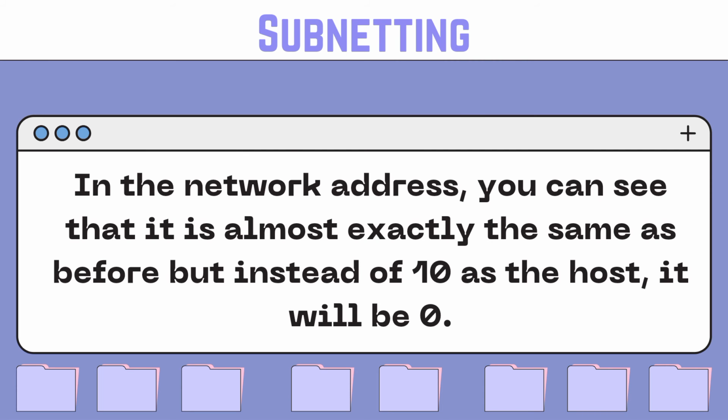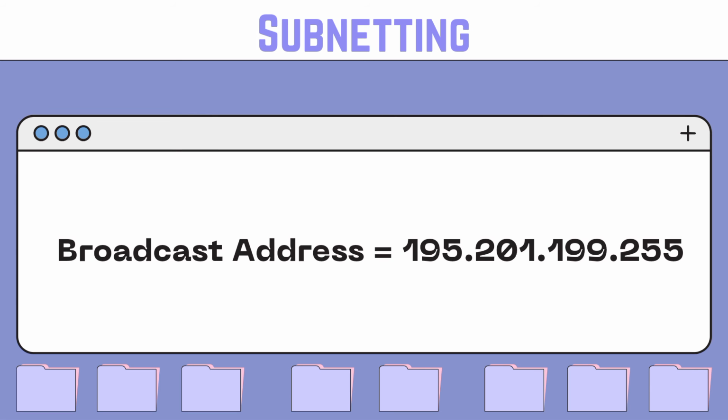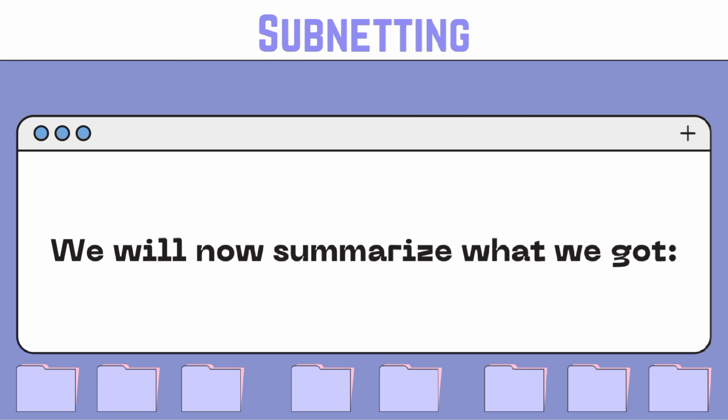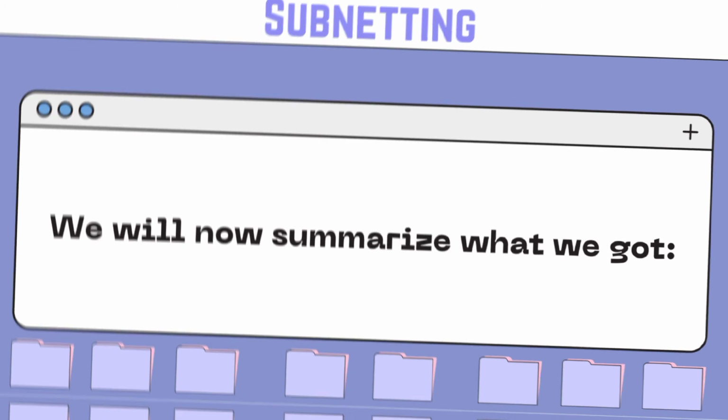In the network address, you can see that it is almost exactly the same as before, but instead of 10 as a host, it will become 0. For broadcast address, change all of the zeros in the host to 1. So now, broadcast address is equal to 195.201.199.255.